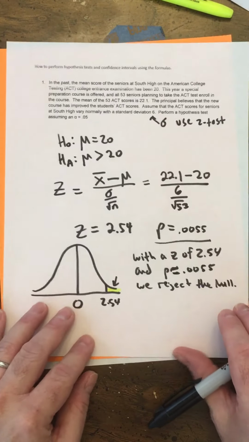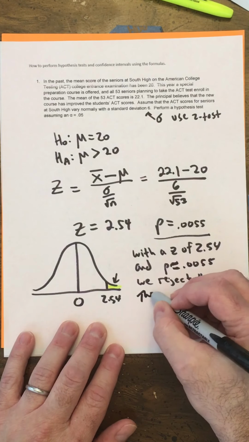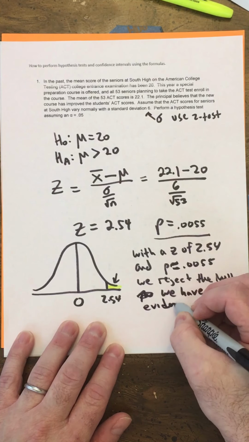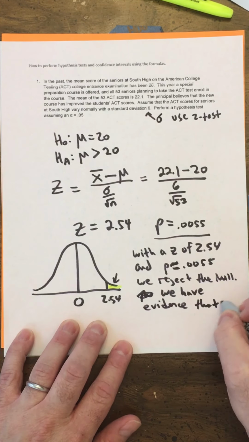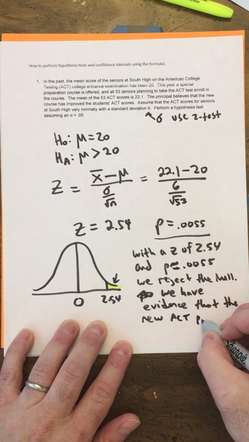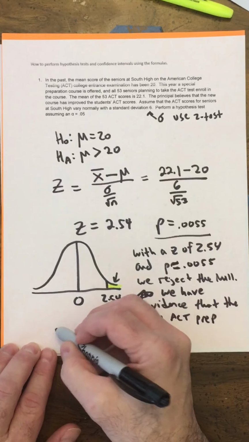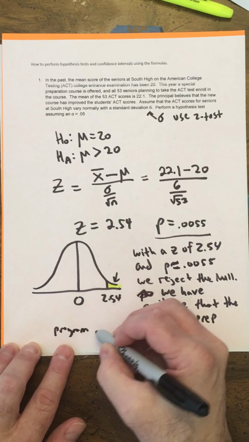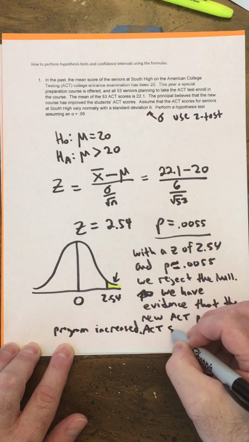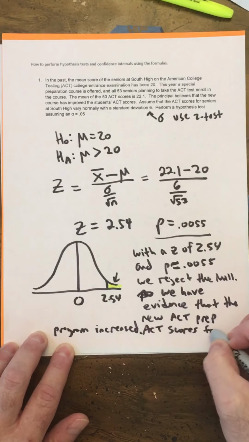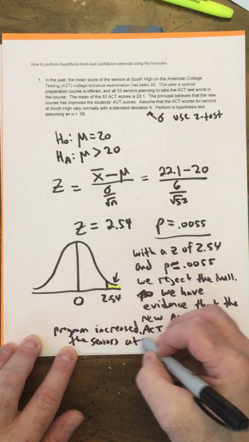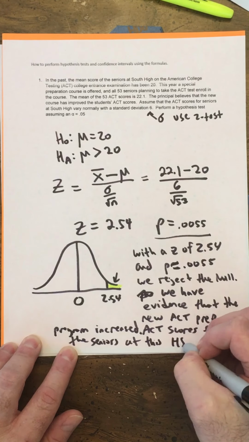We could say that we have evidence that the new ACT prep program increased ACT scores for the seniors at this high school. Okay, so that's how you do this.